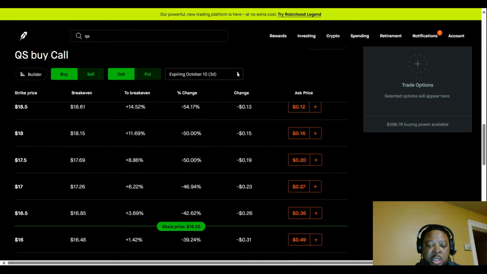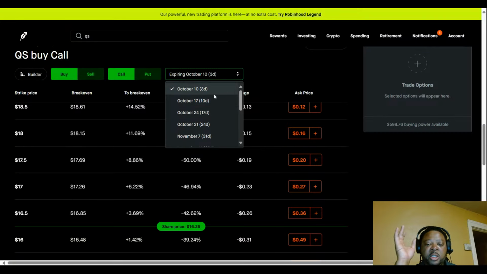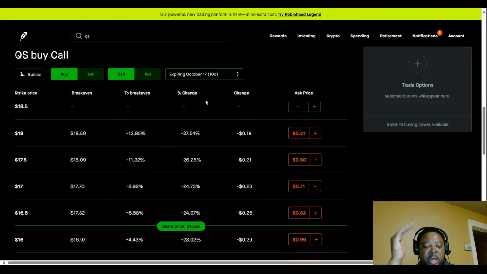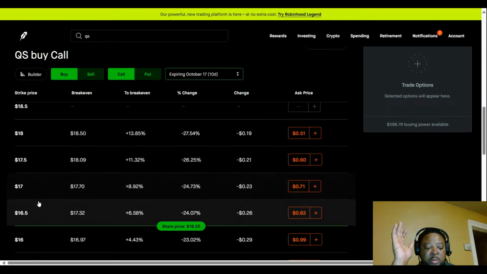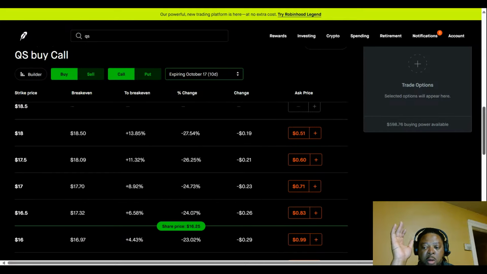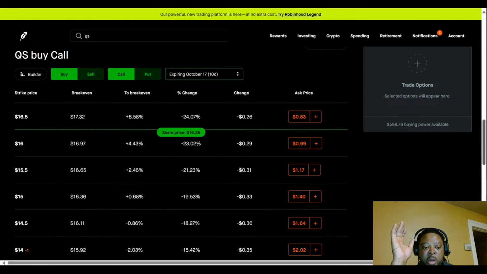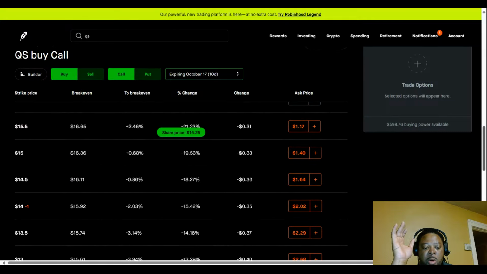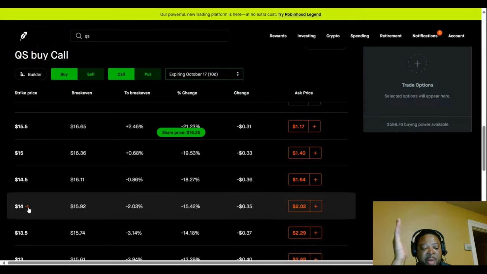My contract is expiring October, a $14 call option, expiring October 17th. So I can go to October 17th first, go to the date, and I can find my call option, which is $14. You're going to see a -1 because I'm selling it. I didn't buy it, so I'm selling it. So you see -1 here. That's me.